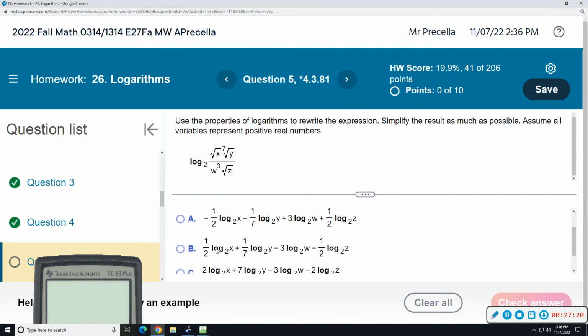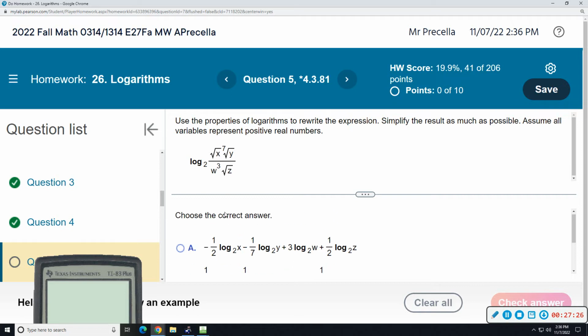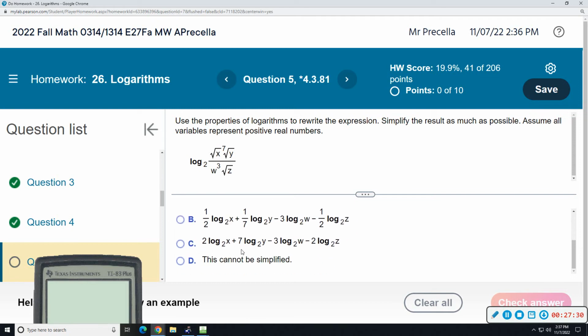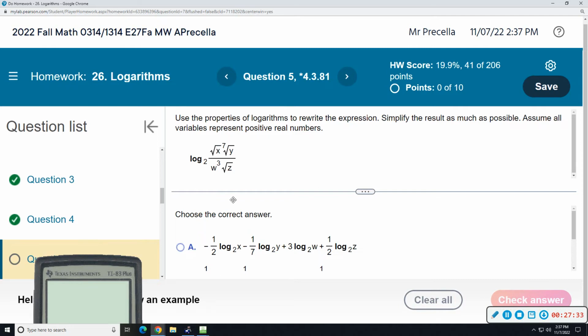To write it out where it's just a logarithm and one variable. Like this one we're writing it out with four logarithms. True, there's a lot more logarithms, but at least it's just one variable after each logarithm.